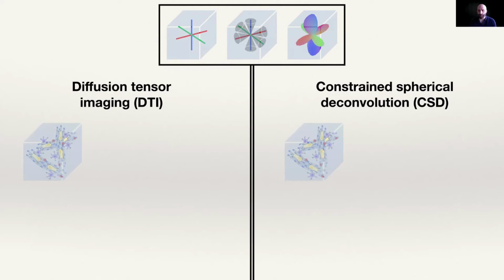Starting with the same voxel. And the same voxel here contains 3 of these fibers crossing together. And when you do DTI, you're going to obtain pretty much 1 peak for this entire voxel. Even though there are 3 fibers, doesn't matter, you're going to obtain 1 peak. And then the way diffusion tensor imaging works is that it's going to take the entire diffusion profile of that initial voxel and consider the average of it.